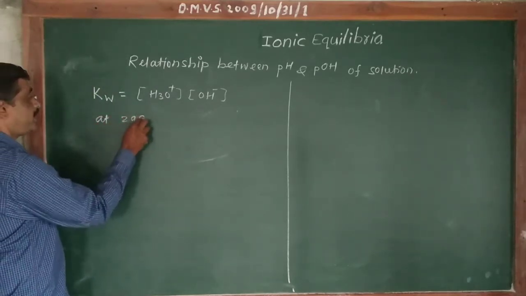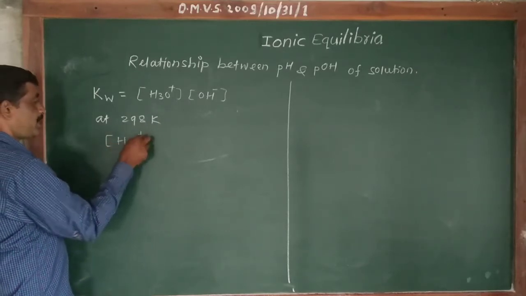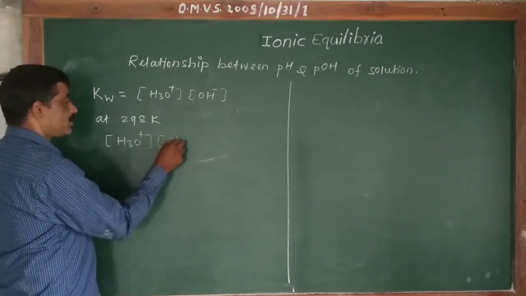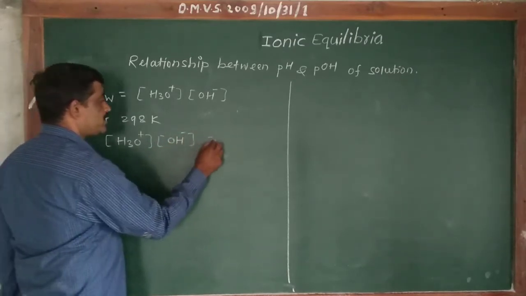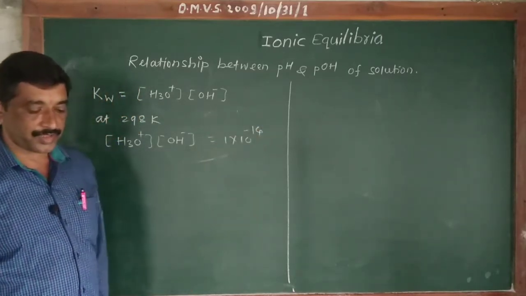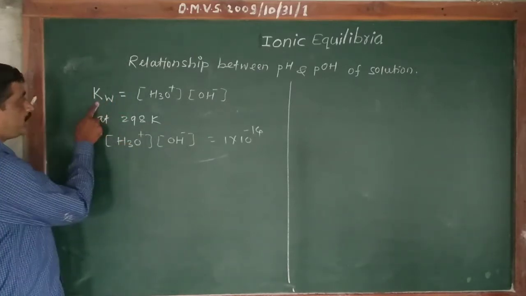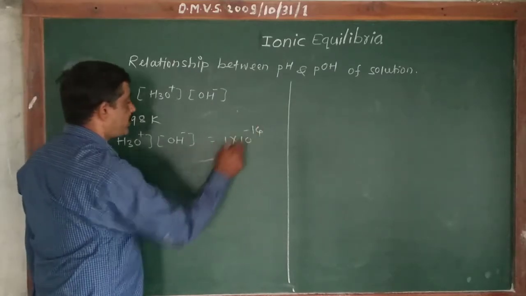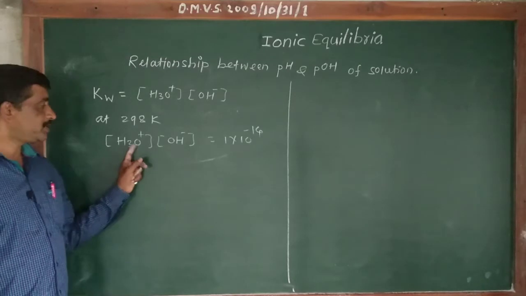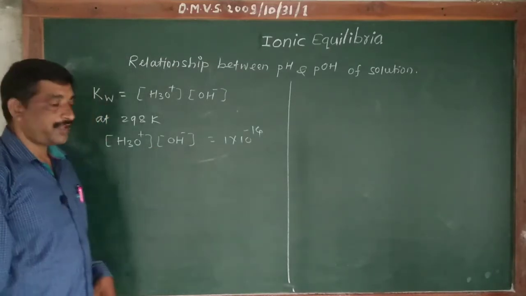at temperature 298 Kelvin, the concentration of H3O plus ions into concentration of OH minus ions is equal to 1 into 10 raised to minus 14, and therefore we write here that at 298 Kelvin the value of Kw is 1 into 10 raised to minus 14.